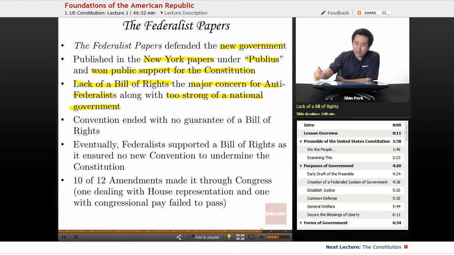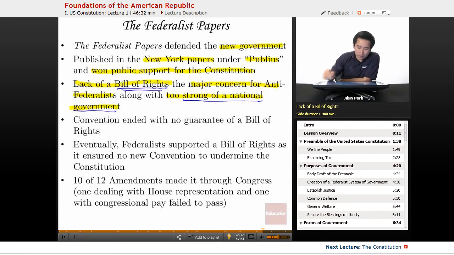The anti-federalists said that's not enough, they wanted a Bill of Rights. And the government that was enacted was a little bit too strong for the tastes of the anti-federalists.